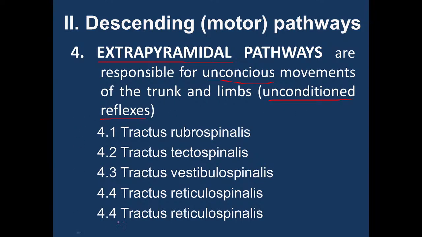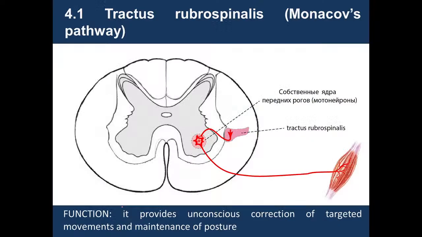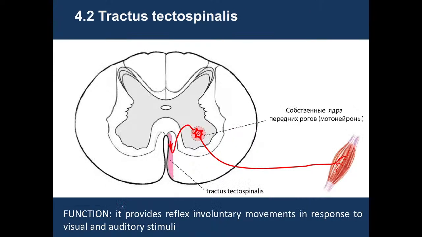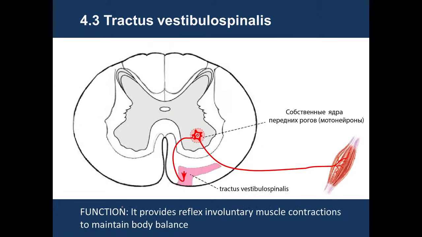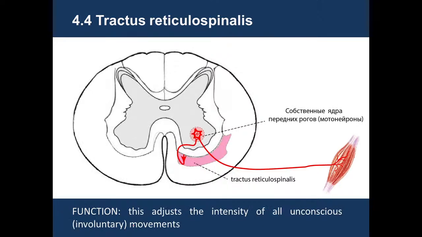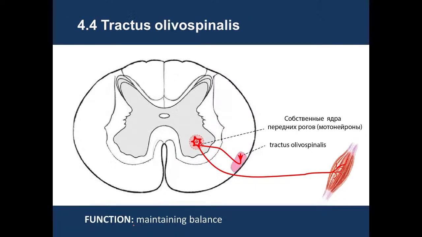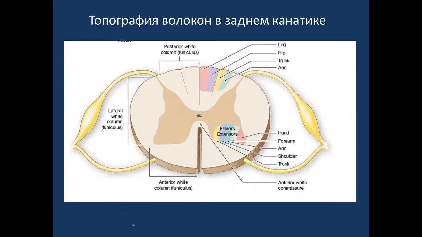And there are five extrapyramidal tracts: tractus rubrospinalis, tractus tectospinalis, tractus vestibulospinalis, and tractus reticulospinalis and olivospinalis. All of them come in different parts of the white matter of the spinal cord.